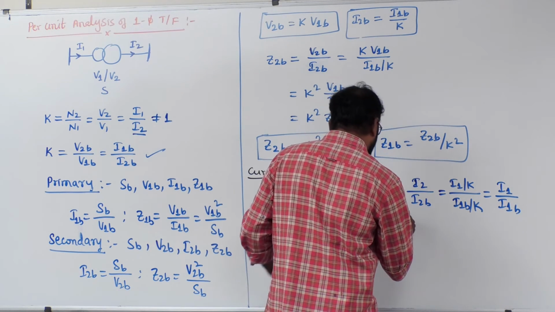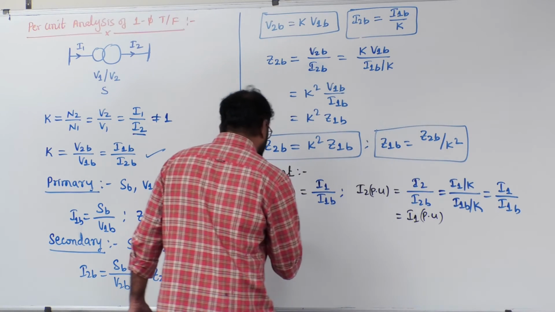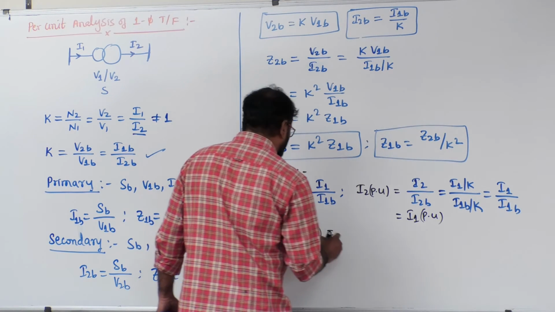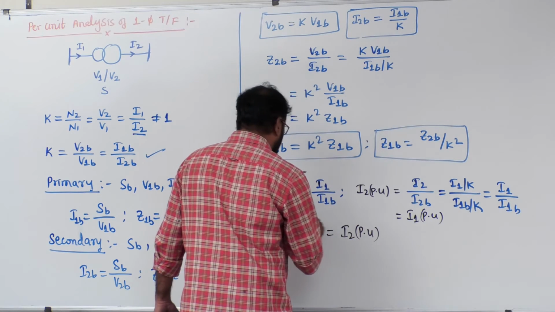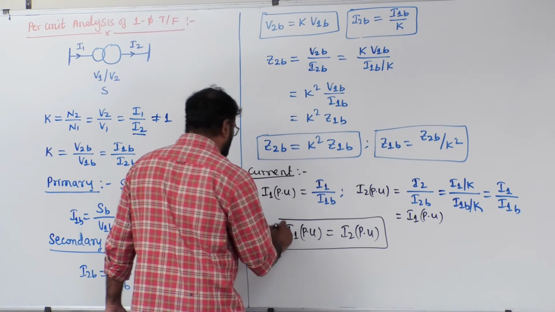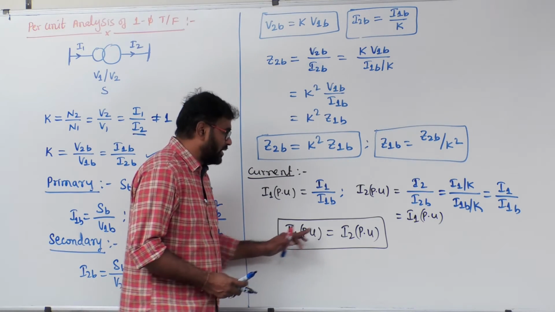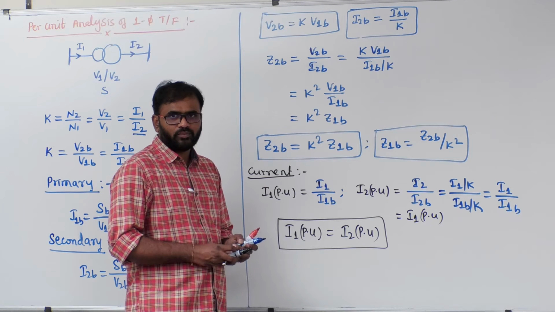So I2 per unit equals I1 per unit. This is a very important relation: the per unit value of primary current and the per unit value of secondary current for a single phase transformer are always the same.